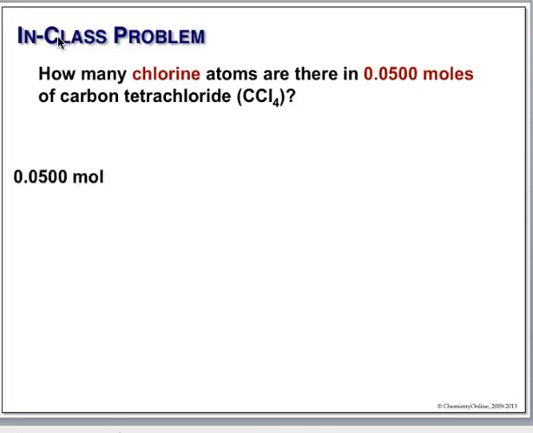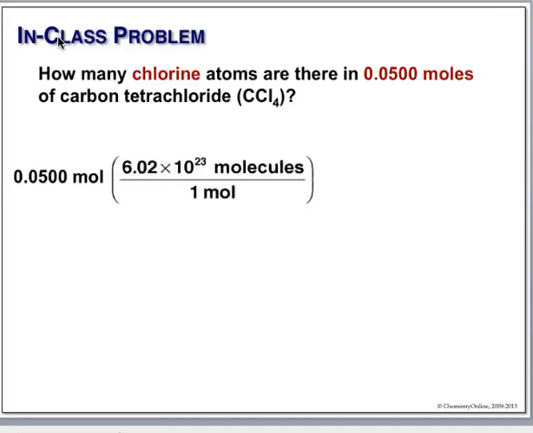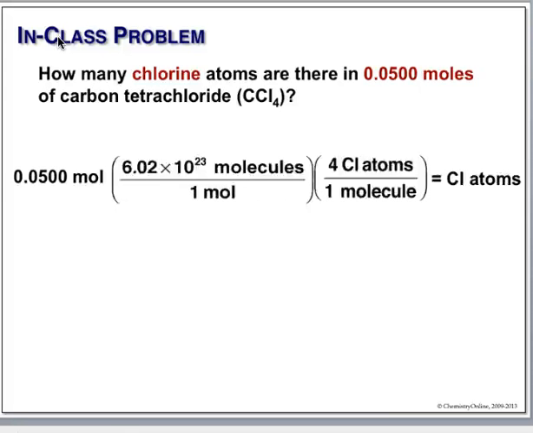How many carbon tet molecules are there in a mole? 6.02 times 10 to the 23rd. And there are 4 chlorines in every molecule.